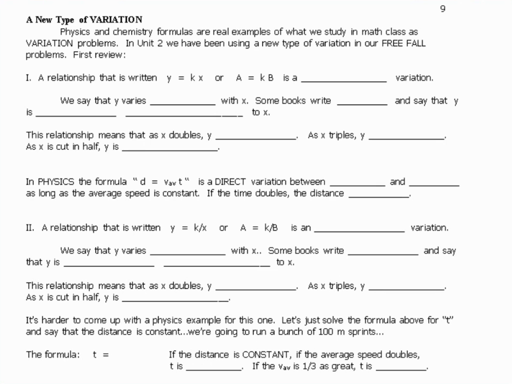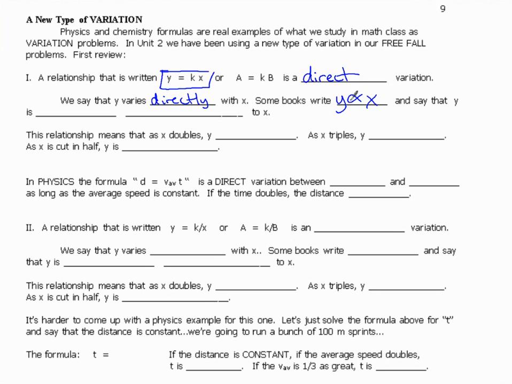First, a review. A relationship that is written y equals kx or a equals kb is a direct variation. We say that y varies directly with x. Some books write it y is directly proportional to x.